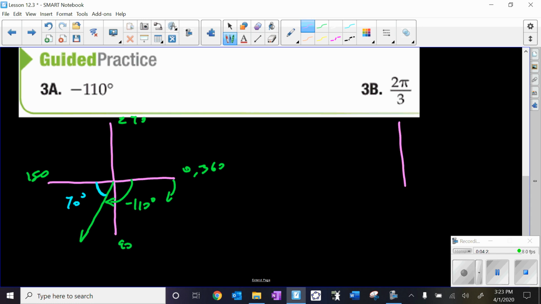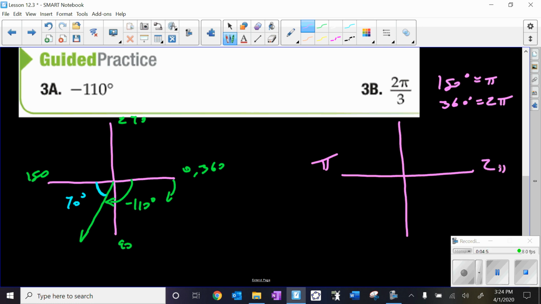So if I draw this in here, now if we think of our locations, we've mainly been dealing with 180 degrees being the same thing as pi, and 360 degrees being the same thing as 2 pi. So I'm going to put pi over here, because that's the same thing as 180, and I'm going to put 2 pi over here.